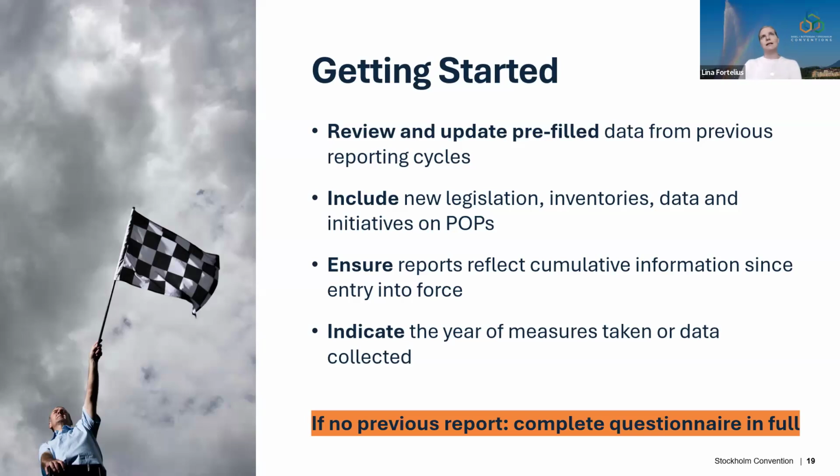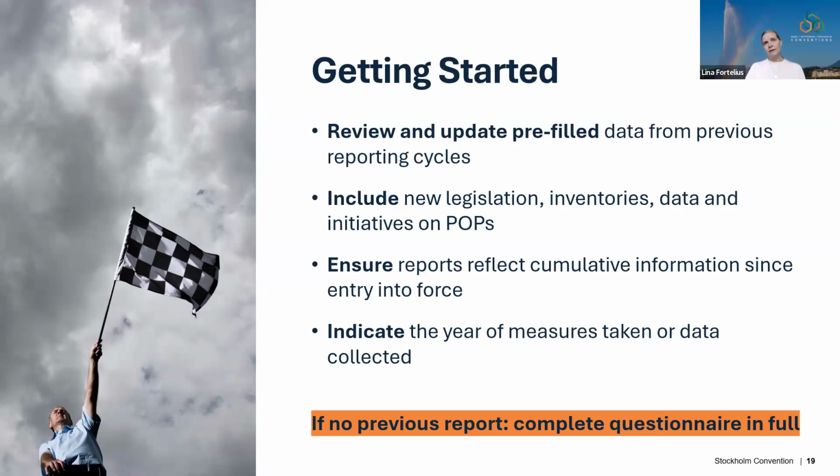So when I say that the 6th report is for the last 4 years, that's how it works: if a country has reported during every cycle, the report is cumulative and only the latest data needs to be entered.